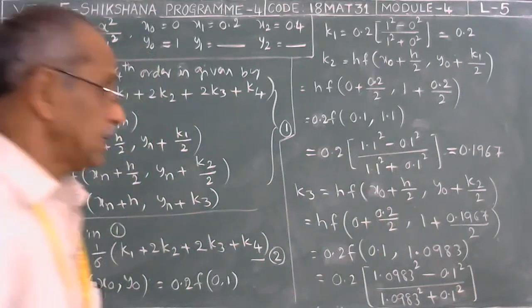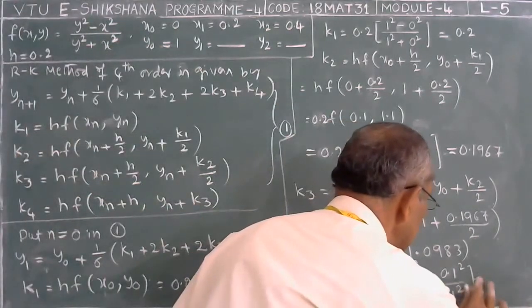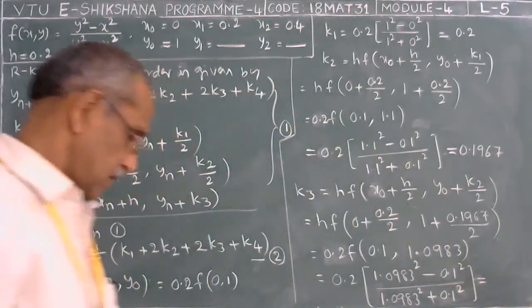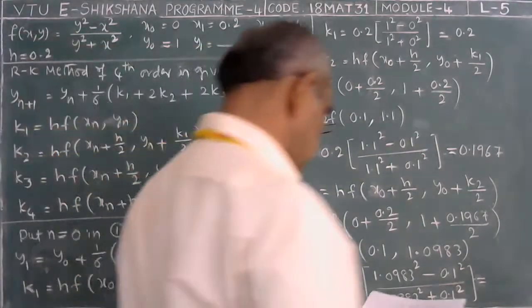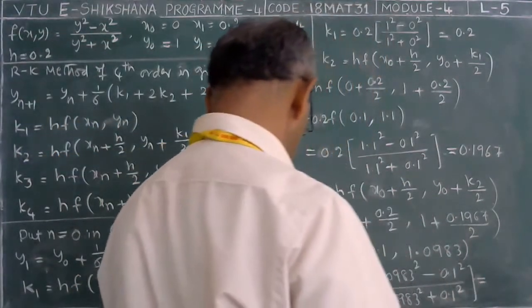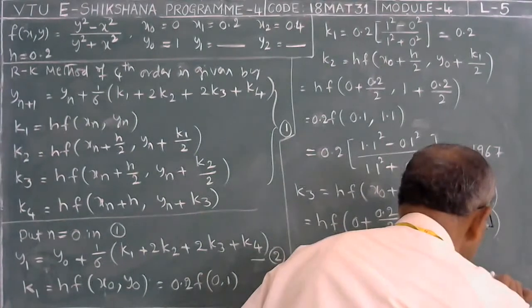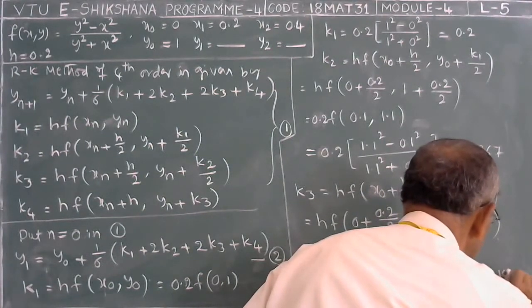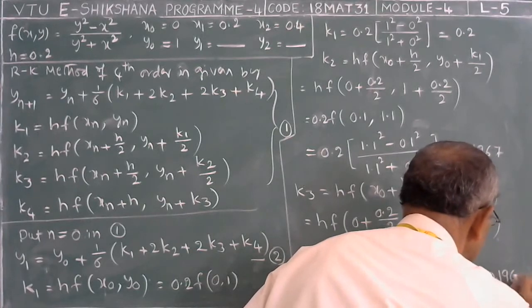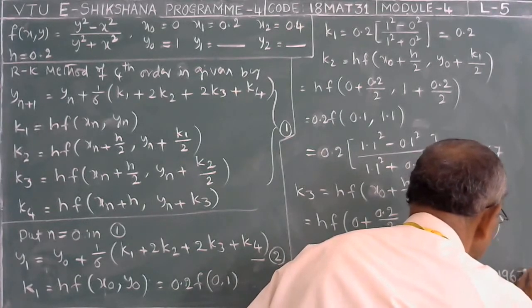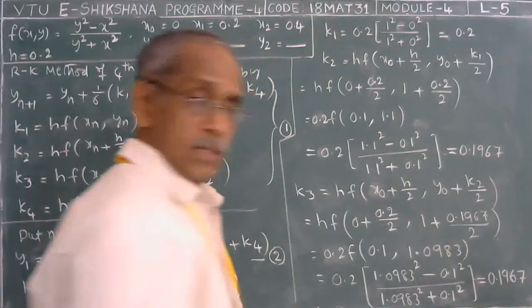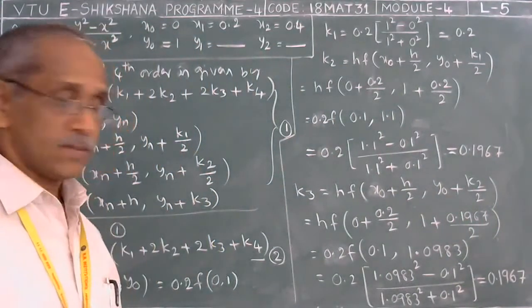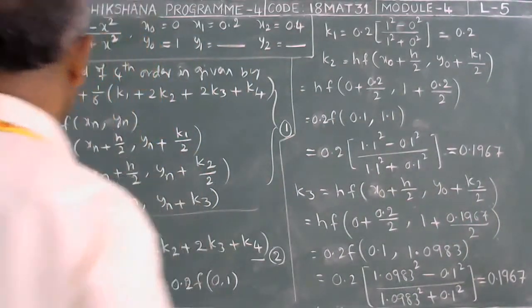If you simplify carefully using a calculator, you get k3 is equal to 0.1967. Now we have to calculate k4.